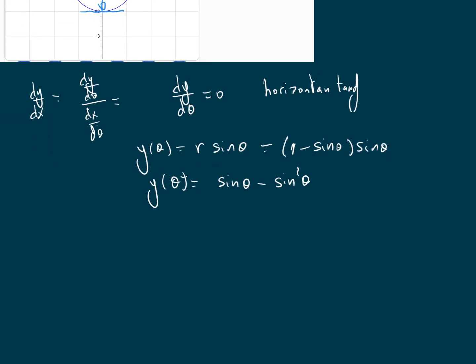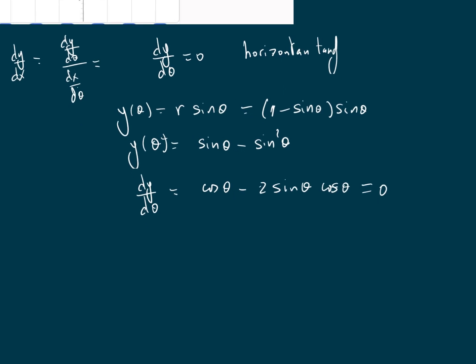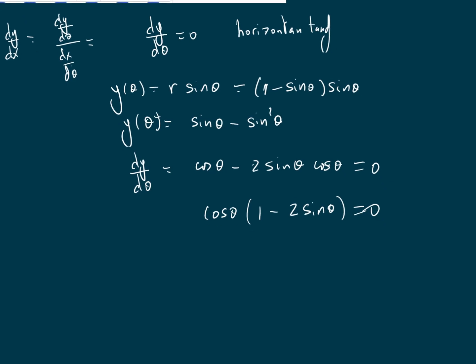And what is the derivative of y with respect to theta? It is cosine of theta minus 2 times sine of theta cosine of theta, and I want this to be 0. So I want cosine of theta multiplied by 1 minus 2 times sine of theta to be 0.